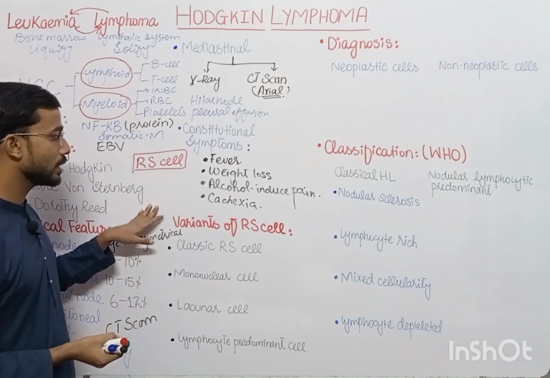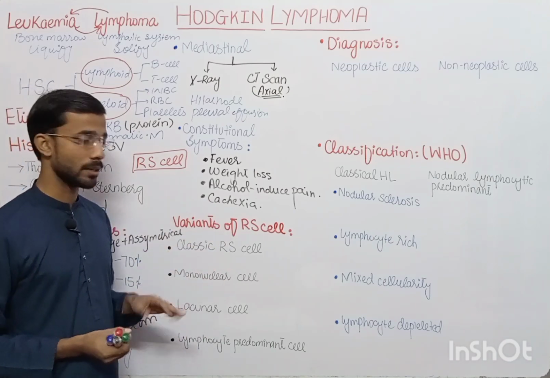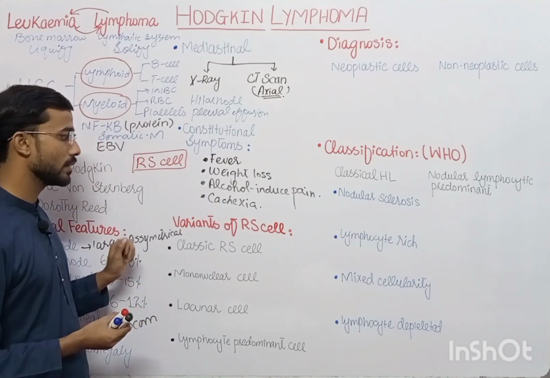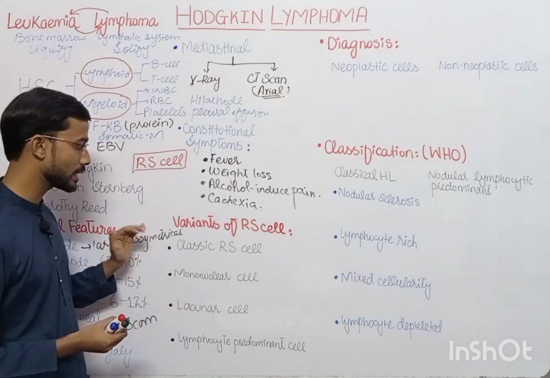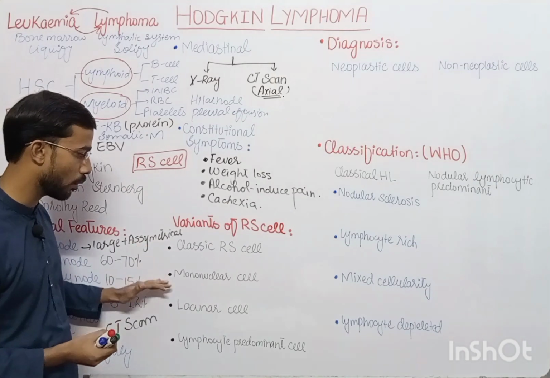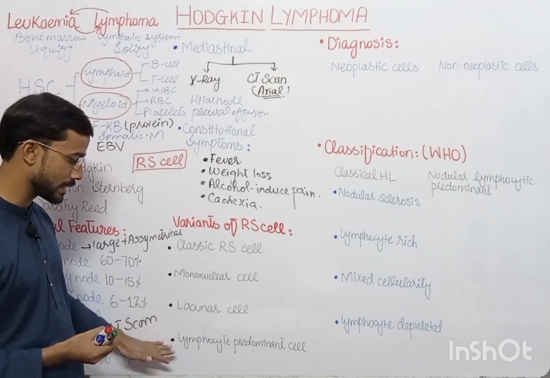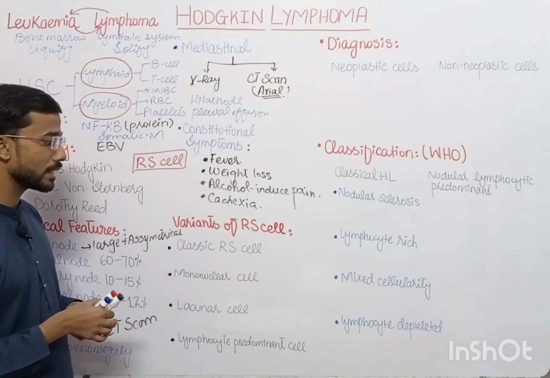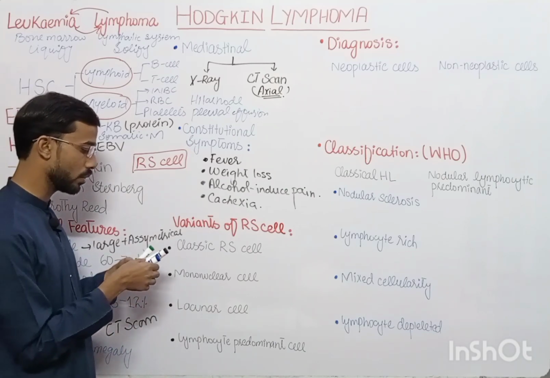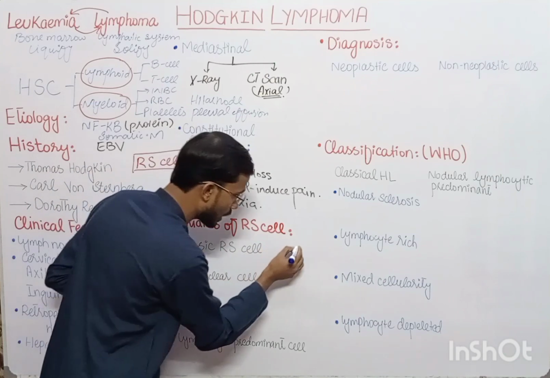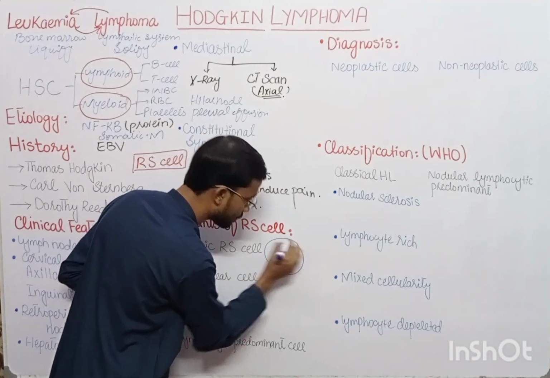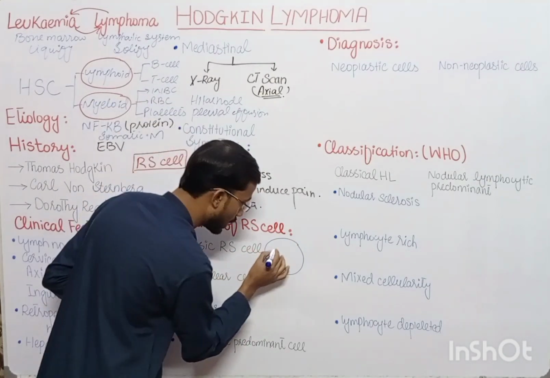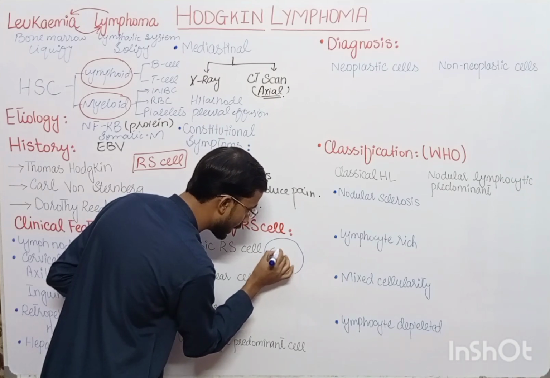Next we will discuss variants of the Reed-Sternberg cell. We will discuss 4 variants: classic Reed-Sternberg cell, mononuclear cell, lacunar cell, and lymphocyte predominant cell. The classic Reed-Sternberg cell is multinucleate.